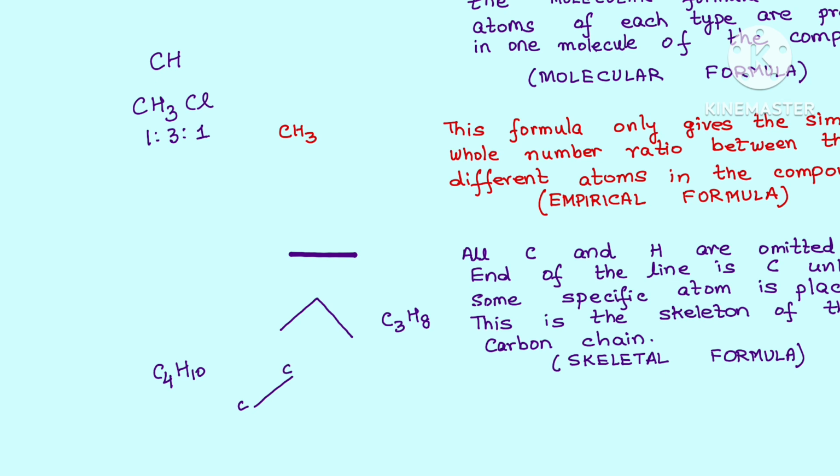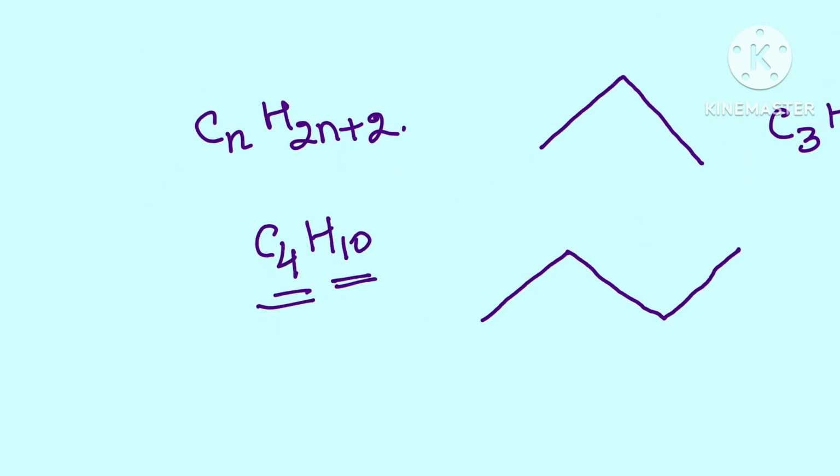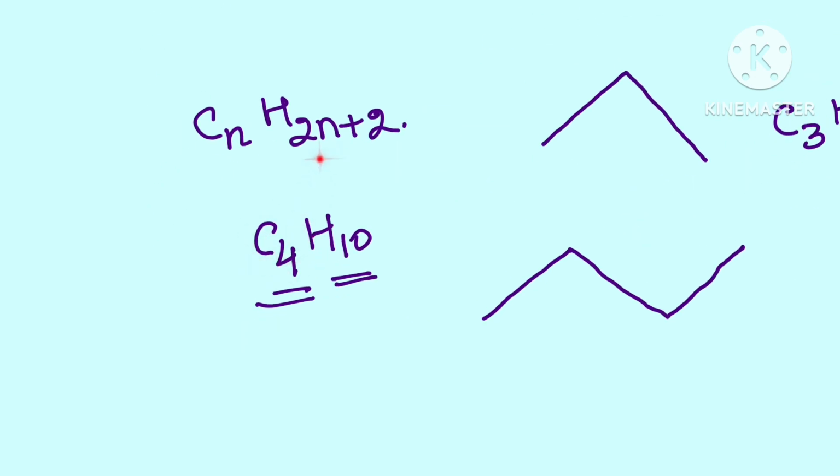But we will not write the carbon. 3. And then a 4. That's it. Because this is a saturated compound. You see, it satisfies the formula CnH2n plus 2. You have 4 carbon atoms. 4 times 2 is 8, 8 plus 2 is 10. So this is a saturated compound.